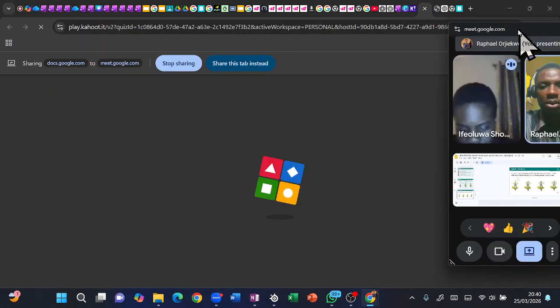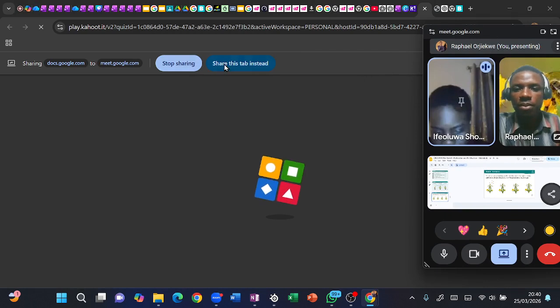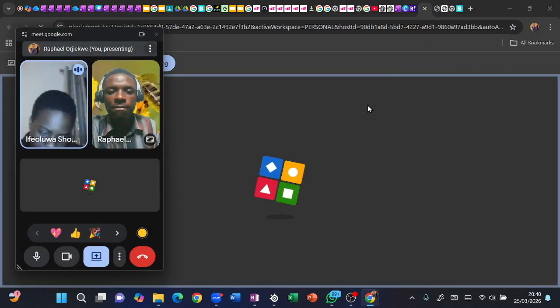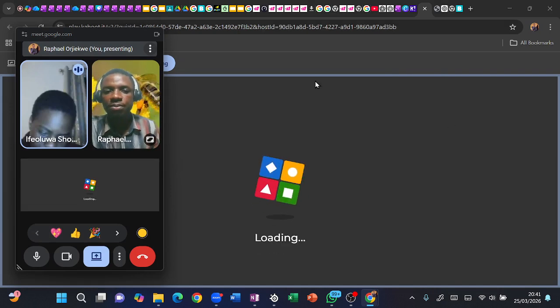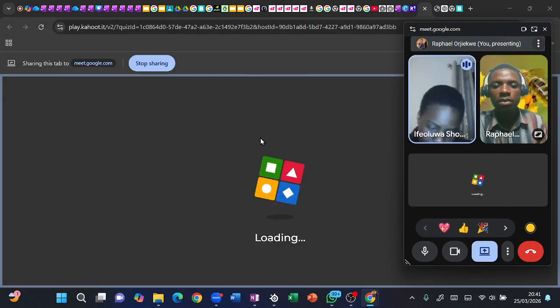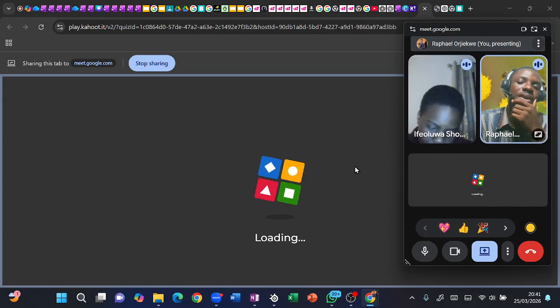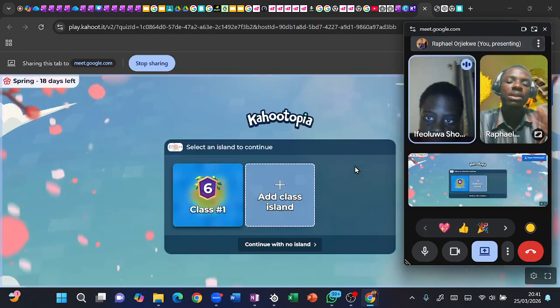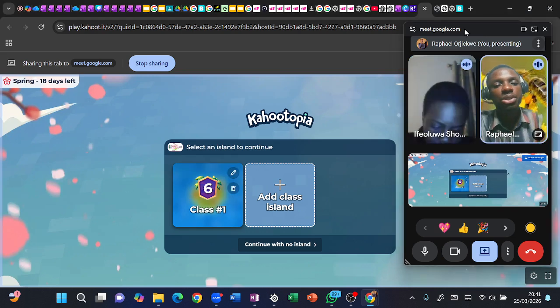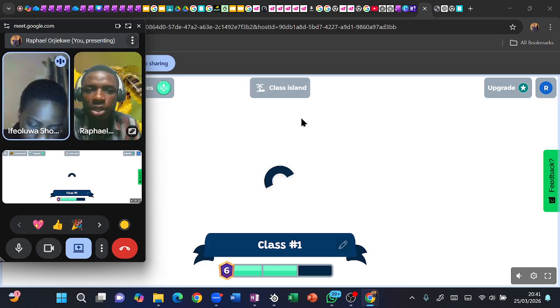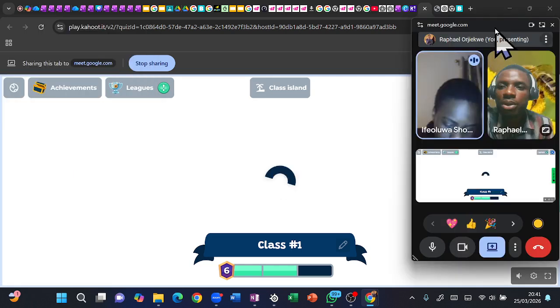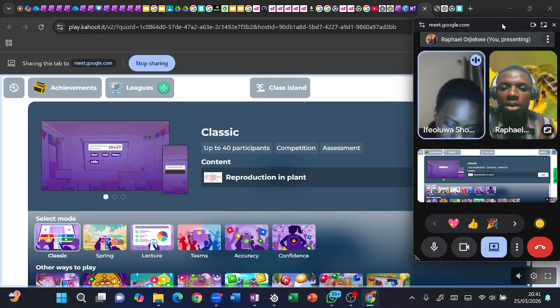Yes, it's on already. Can you see my screen? Yeah. It's kind of not responsive, but it's loading, and finally it did. It's usually such a breeze, like Blooket reloads so fast. I mean, so let's begin.